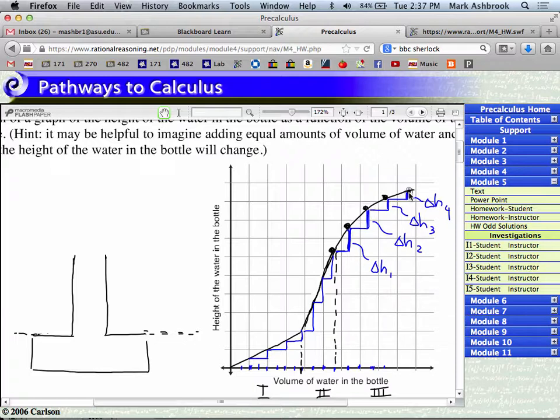Am I adding points to the graph? Just highlighting points that were already there. Okay, so our first change between this point and this point, the change in height is that vertical distance right there. Next change is the vertical distance between those 2 points. Next change, next change.